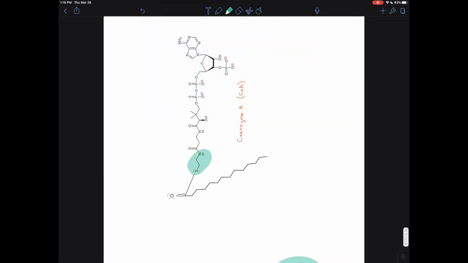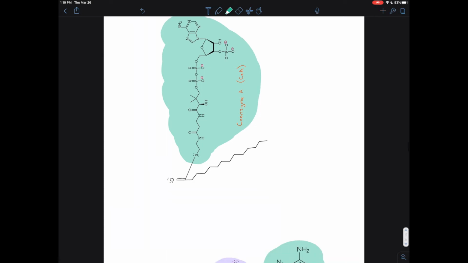And that other group, this whole thing, this big coenzyme A, is ultimately just a gigantic leaving group. So what we've done is we've replaced a bad leaving group, the OH of the fatty acid, with a good leaving group, coenzyme A. And so now we have made this molecule.